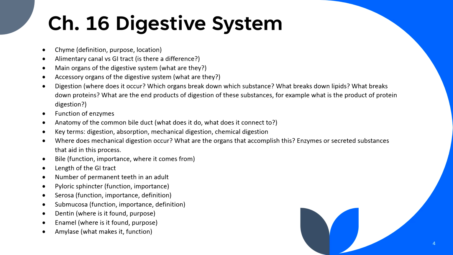So let's look at what breaks down each of our nutrients. And we can see this on page 378. We know that very little digestion of carbohydrates occurs prior to reaching the small intestine. After our carbohydrates reach the small intestine, pancreatic and intestinal juice enzymes will digest the starches and double sugars.